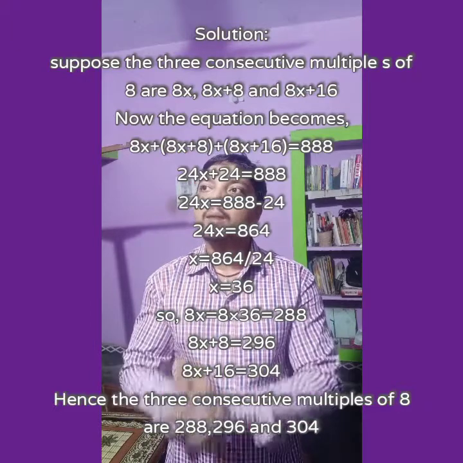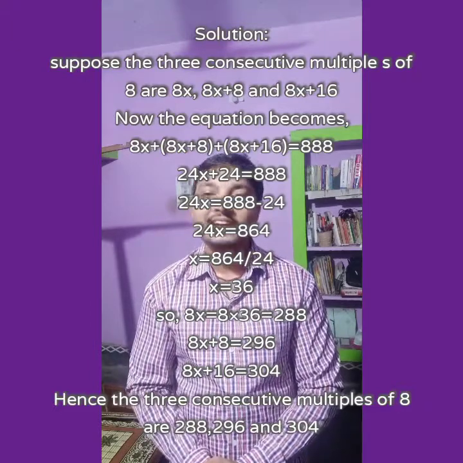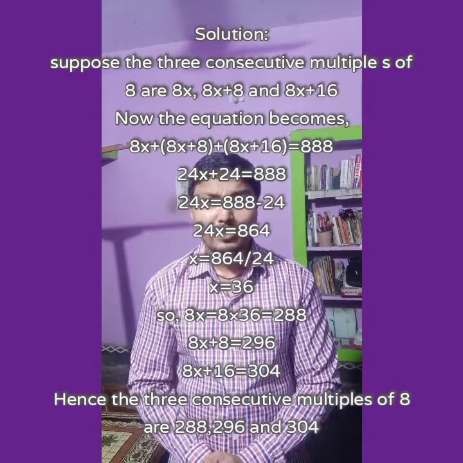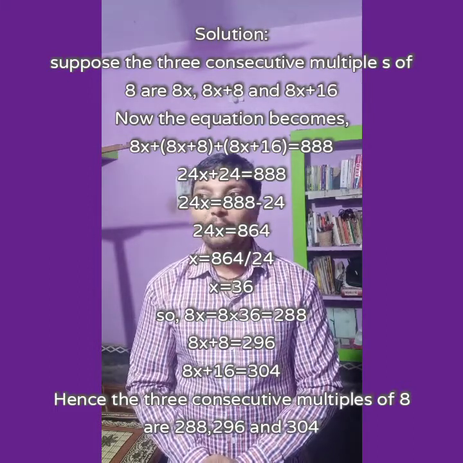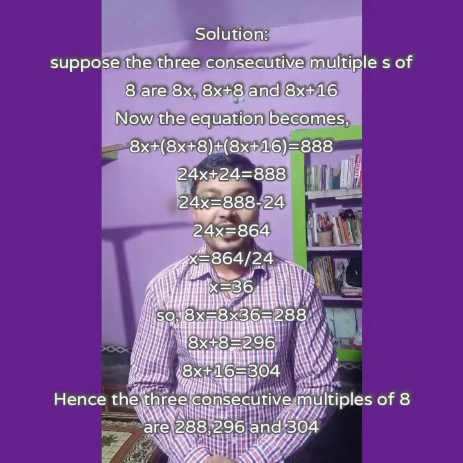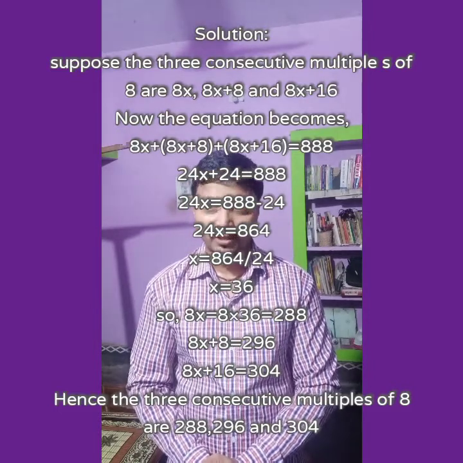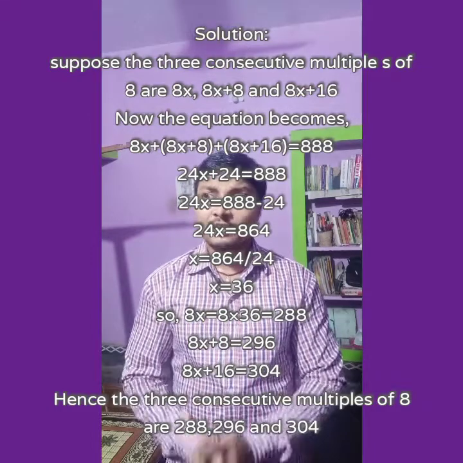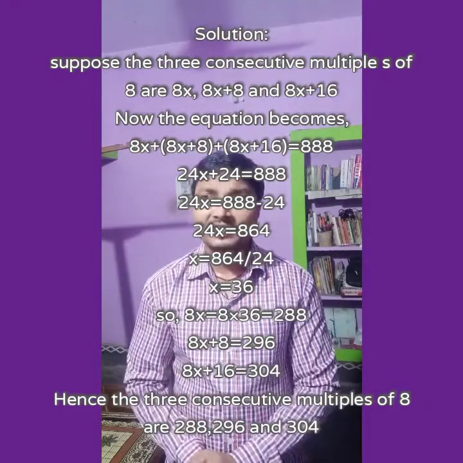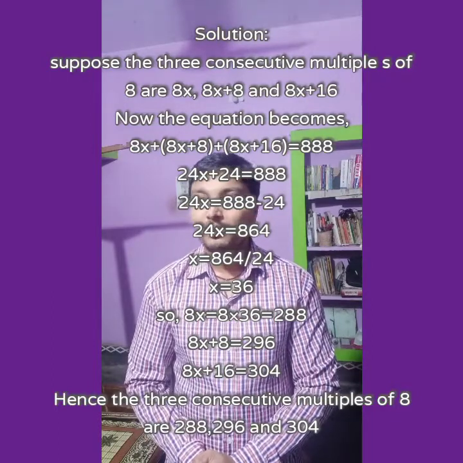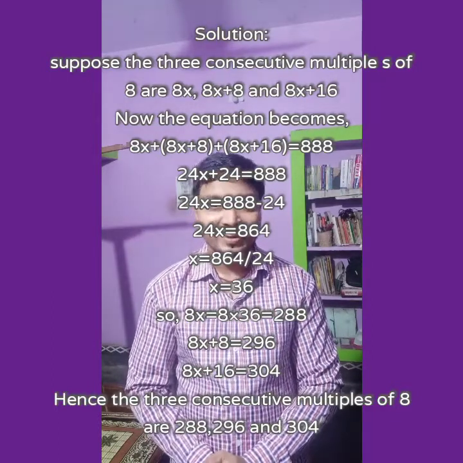So the sum of the three consecutive multiples of 8 is 888. So the equation becomes 8x plus 8x plus 8 plus 8x plus 16 is equal to 888. So the sum of 8x, 8x and 8x is 24x, plus 24, is equal to 888.